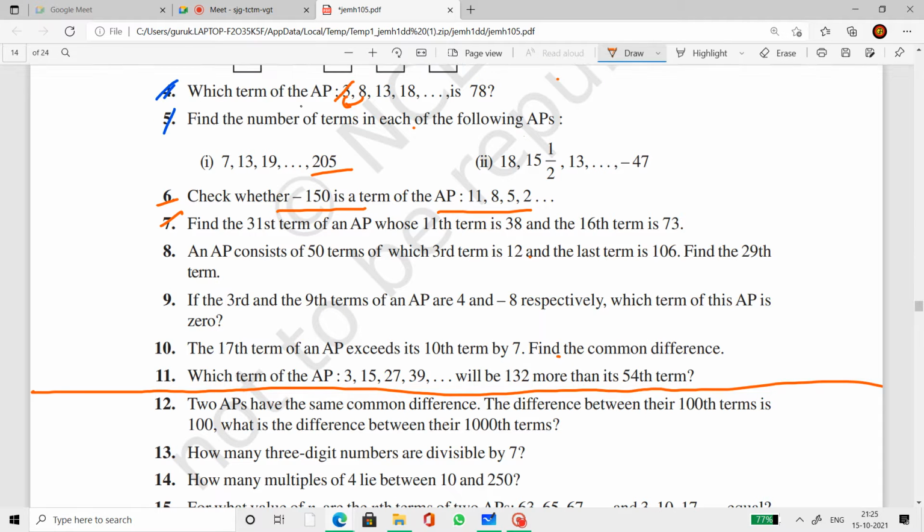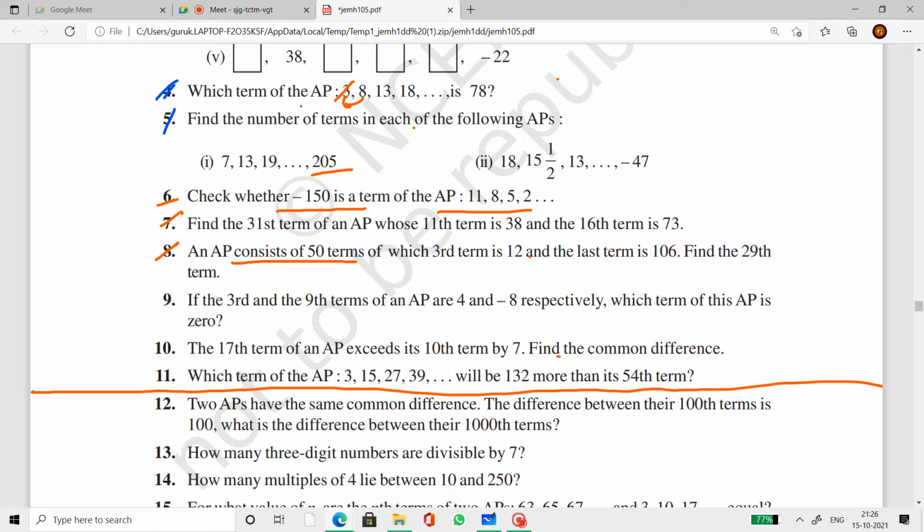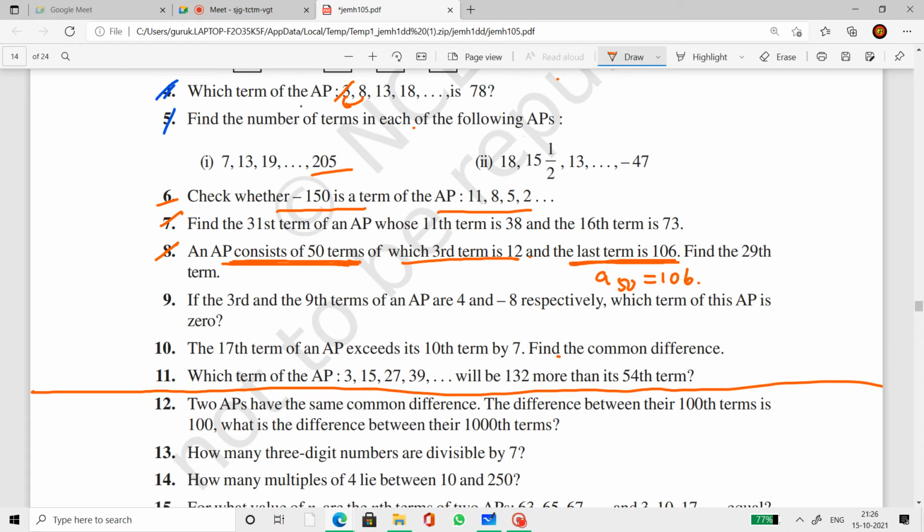Okay, the next question that I'm going to take up is 8. In 8th, it says that an AP consists of 50 terms. So total number of terms in the AP is 50. Third term is 12. That means A3 equals 12. Last term is 106. When it contains 50 terms and the last term is 106, meaning the 50th term value is 106.